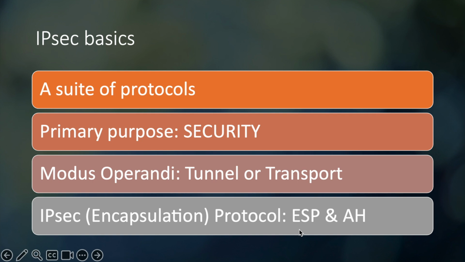On the other hand, Encapsulating Security Protocol will provide integrity, authentication, but also encryption. There are certain situations in which you may not want to use encryption, but you may still want authentication and integrity, and that's what AH is used for. Although authentication header is kind of redundant because it's not often used, because ESP does integrity, authentication and of course encryption. So let's move on.